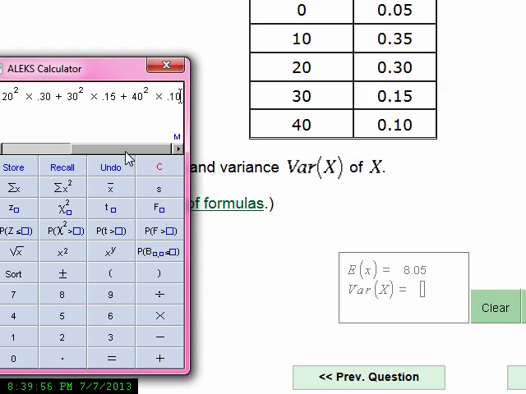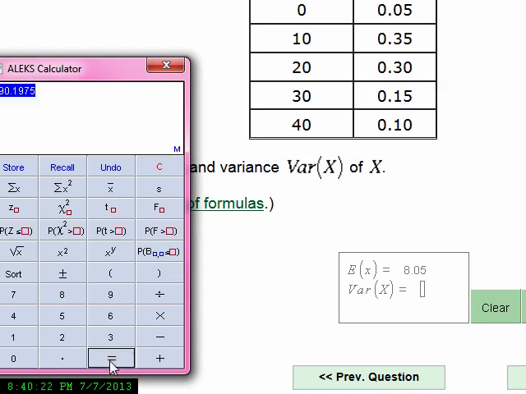Oh, minus 8.05 squared. All right, let me make sure I put it all in right. So -10 times 0.05. The 0 I skipped. And then 10 squared times 0.35, 20 squared times 0.30, 30 squared times 0.15, 40 squared times 0.10 minus the mean squared.